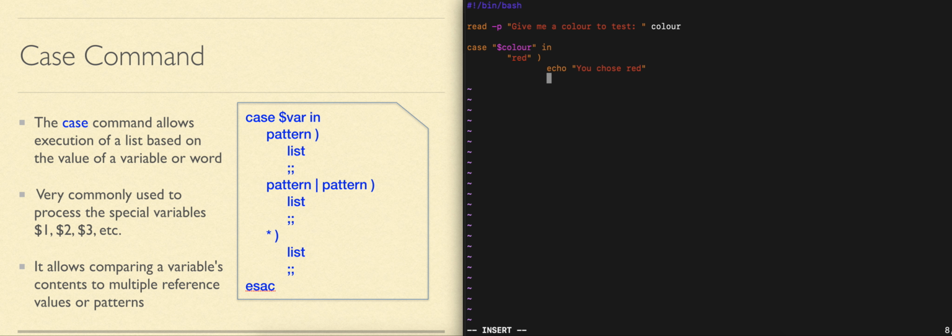We have no other commands to run for red, so we put a double semicolon to say we should end the case statement if they entered red and we've run our commands. Next, we'll check for another color. If they gave us that one, we'll let them know. And that will be all we'll do with that one.